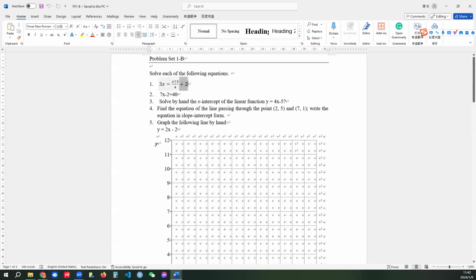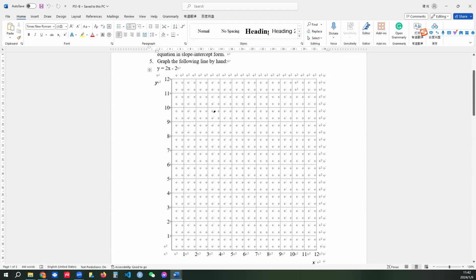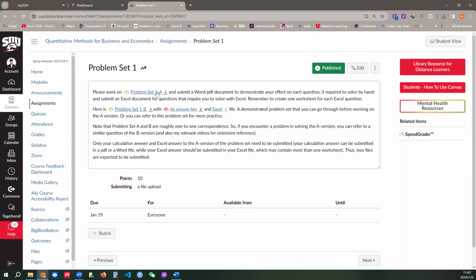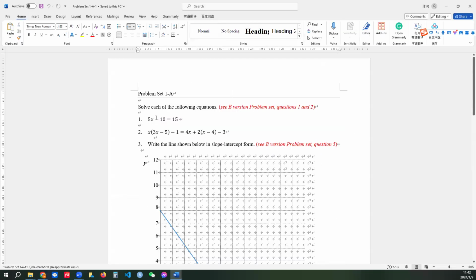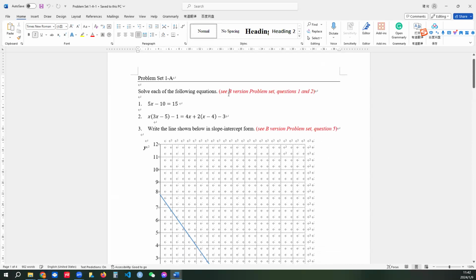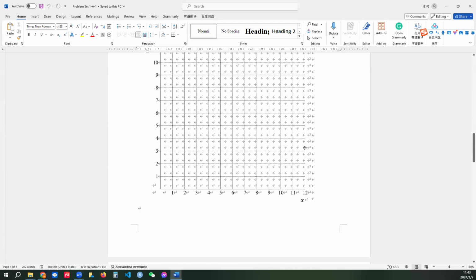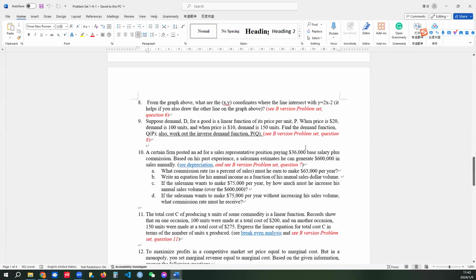Version B gives you the solution for you to refer to, and for version A, if you're confused about how to solve it, you can check version B for reference, and version B is provided with an answer key as well.